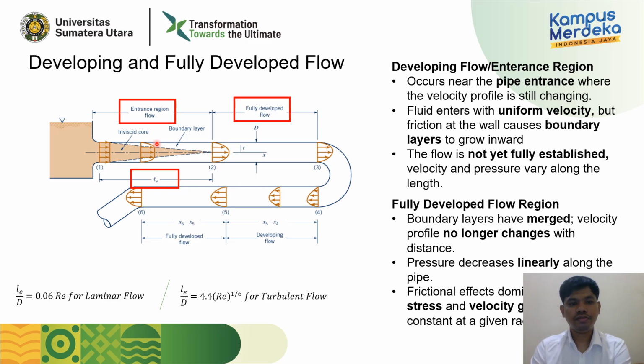Look at this. It starts from here, uniform for example, and then it becomes a little bit curved, and here it is fully curved. This is what we call the velocity profile. So it is changing, and then for fully developed flow regions, we can define it as a boundary layer having emerged. The velocity profile no longer changes with distance.